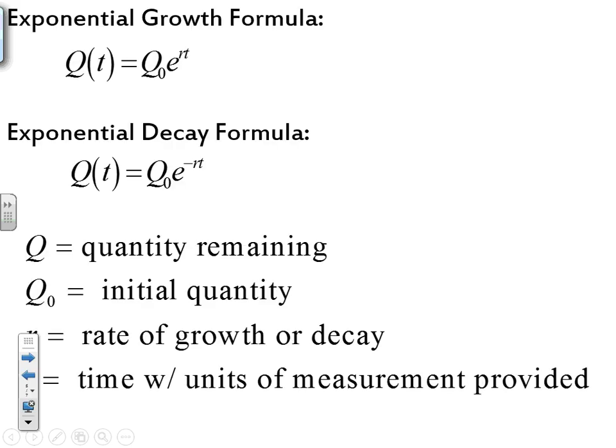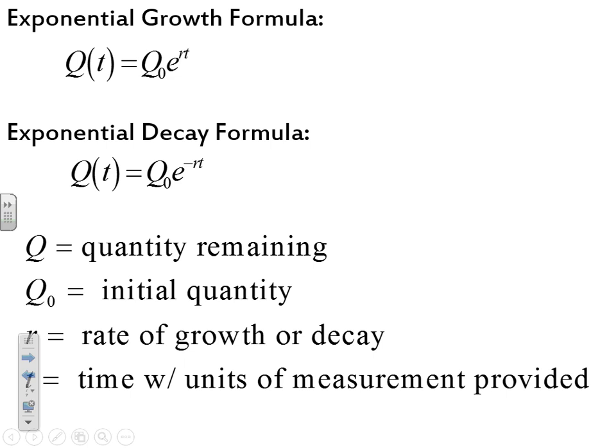So the last things that we're really going to be talking about here are an exponential growth and an exponential decay operation. Exponential growth is used to model populations of, well, whatever, whether it's bacteria or people.